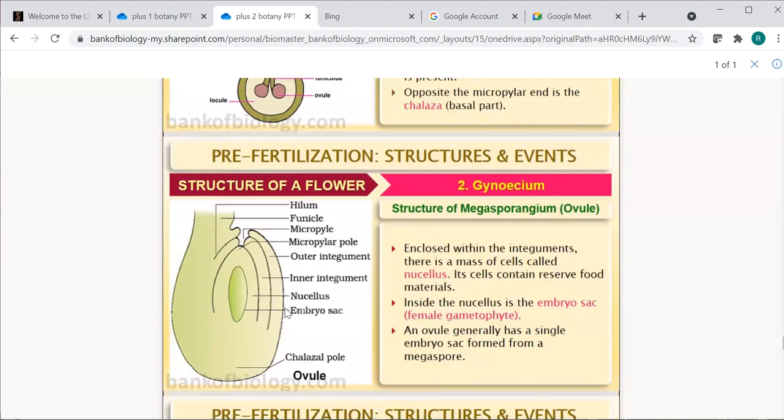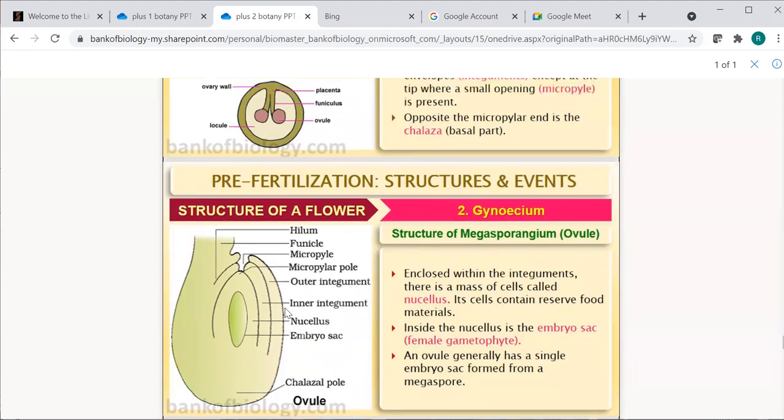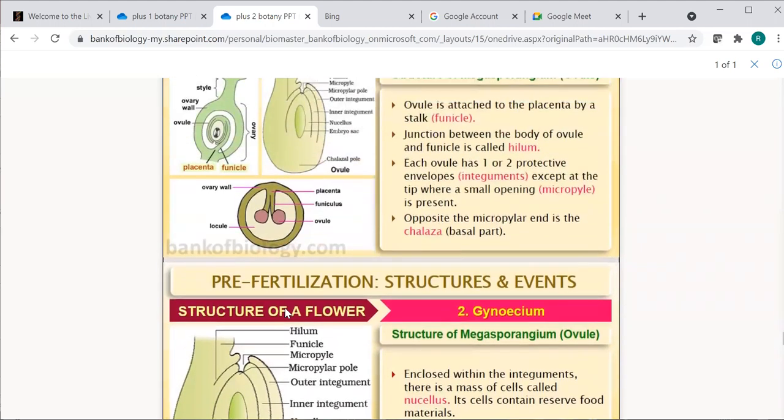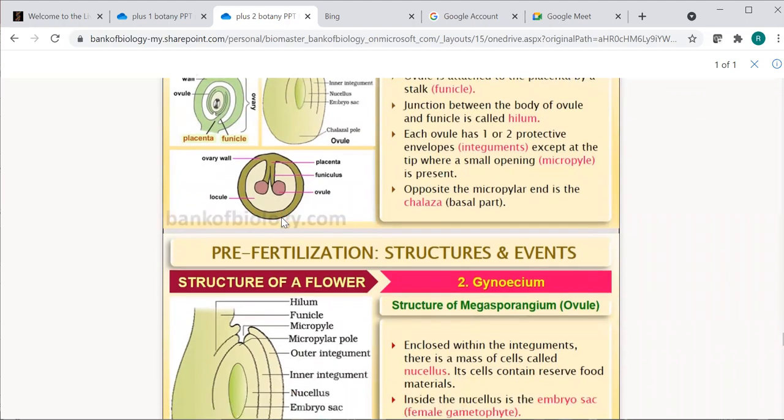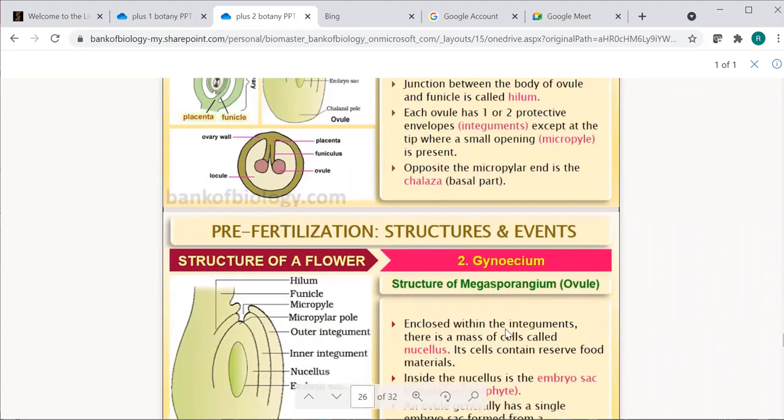Enclosed within the integuments is the mass of cells called the nucellus. This is the ovule. The ovule has one or two protective envelopes called integuments. And where is the nucellus? They're talking about enclosed within the integuments, so inside this is the nucellus.